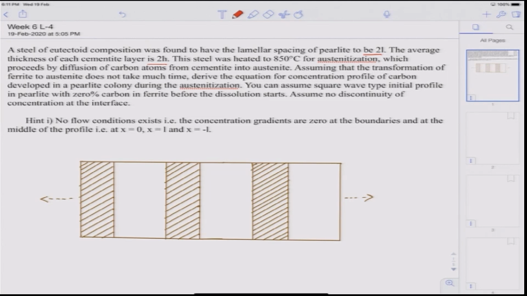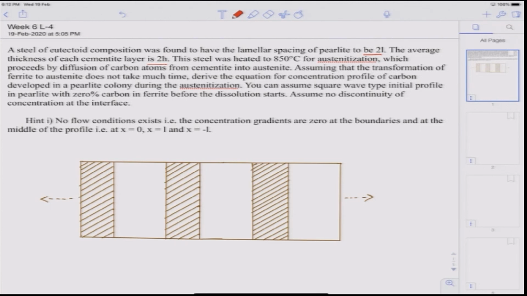Assuming that the transformation of ferrite to austenite does not take much time, derive the equation for concentration profile of carbon developed in a perlite colony during the austenitization. You can assume square wave type initial profile in perlite with 0% carbon in ferrite before the dissolution starts. Assume no discontinuity of concentration at the interface.